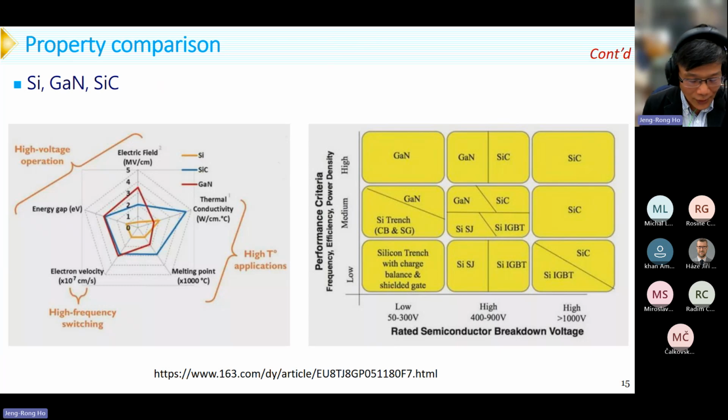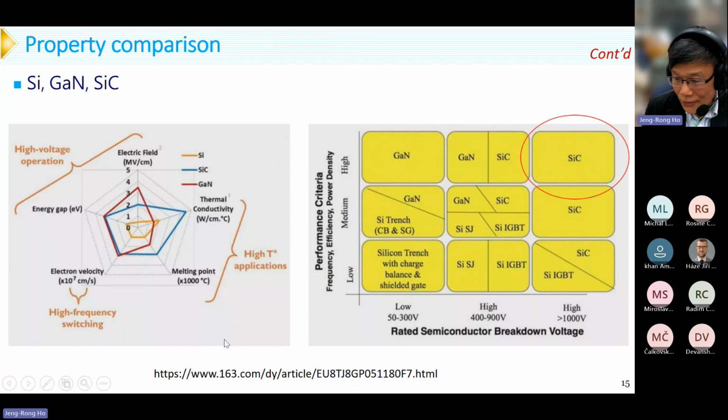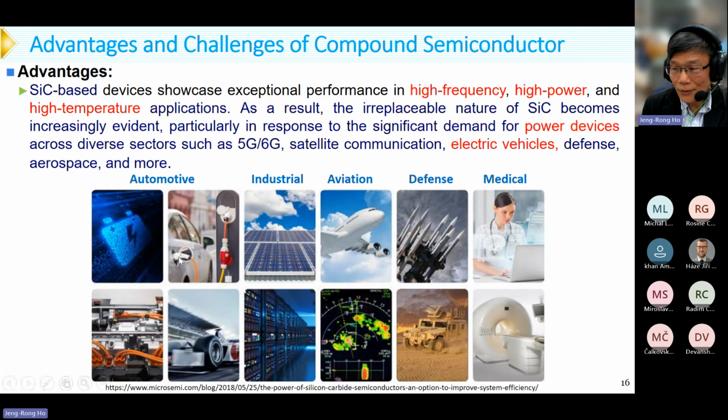Okay, on the right chart, we can see for high voltage applications, and also high frequency and high power density, silicon carbide is the best semiconductor so far. So as a result, silicon carbide-based devices have very good performance in high frequency, high power, and high temperature applications.